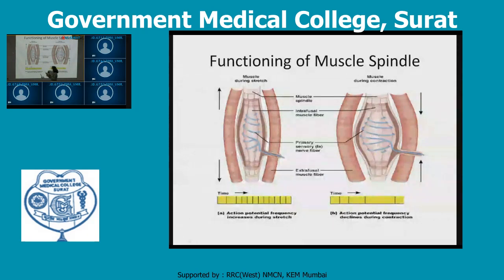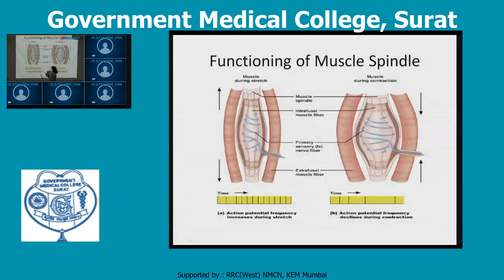The gamma efferent as well as the sensory nerve supply make the contraction a smoother one. If this supply is not there, if the gamma efferent is not working, then the stretch will cause oscillations in the contraction.